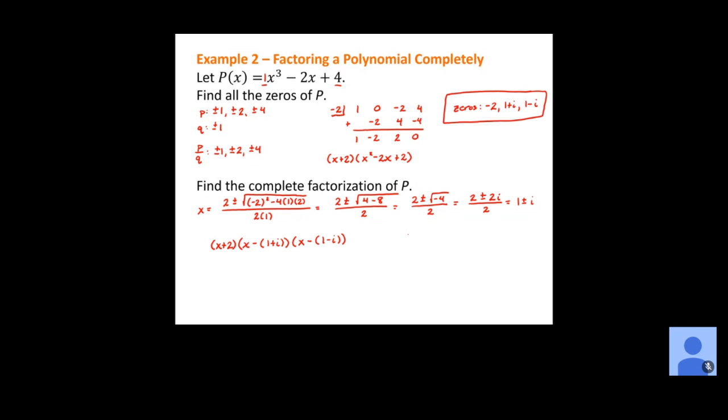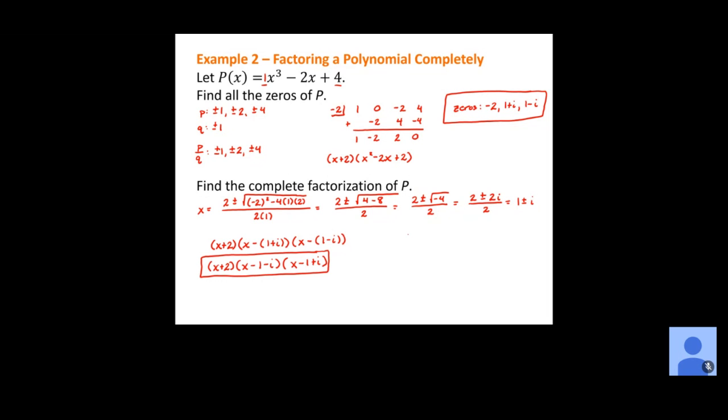At that point, we can go ahead and just distribute the negative to drop that extra set of parentheses inside. This is going to give us x plus 2 times x minus 1 minus i, and then x minus 1 plus i. So this right here would be our complete factorization for that polynomial.